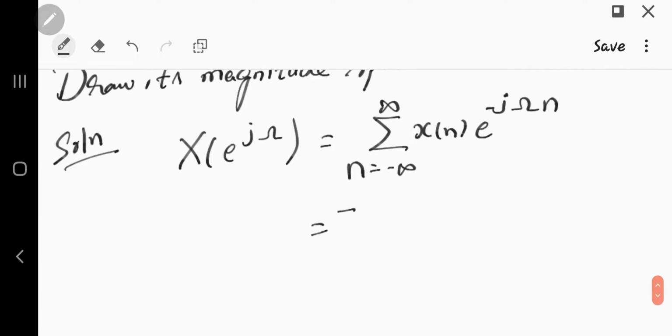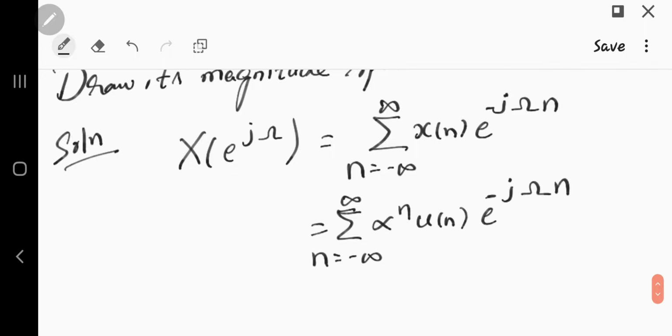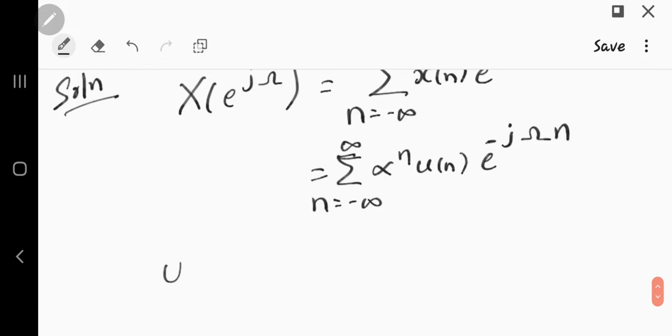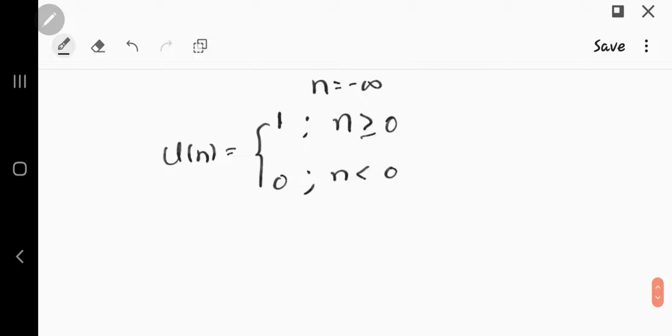Now, substitute the value of x of n here, n equals minus infinity to plus infinity. What is x of n? Alpha to the power n into u of n e power minus j omega n. So, u of n is 1 for values of n greater than or equal to 0, and u of n is 0 for n less than 0.